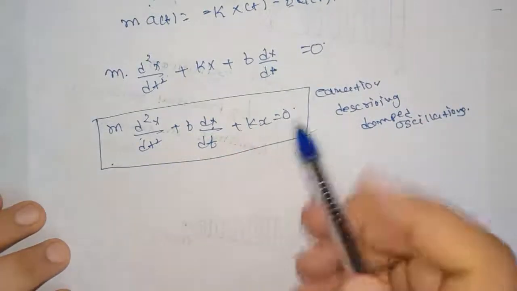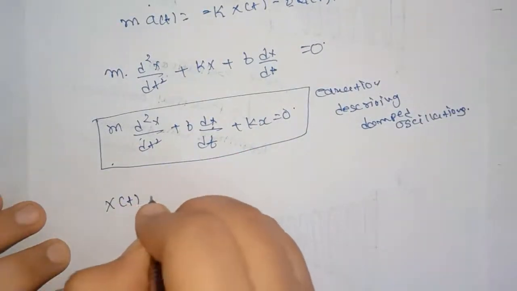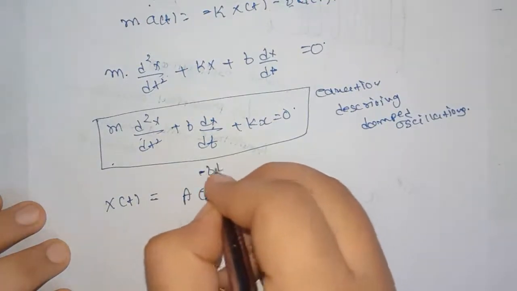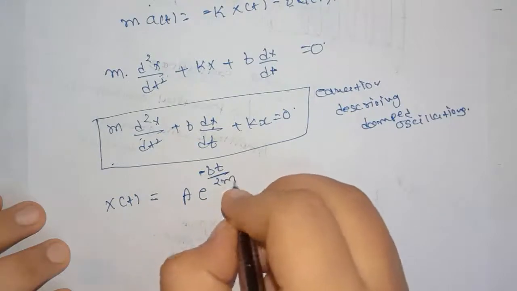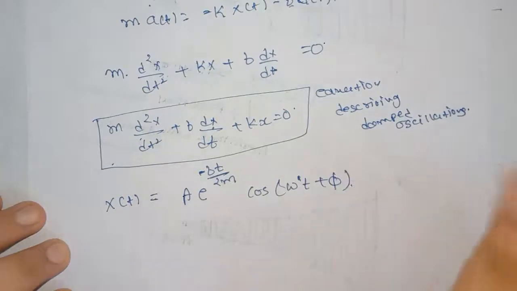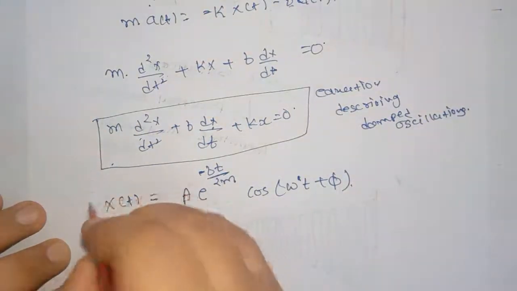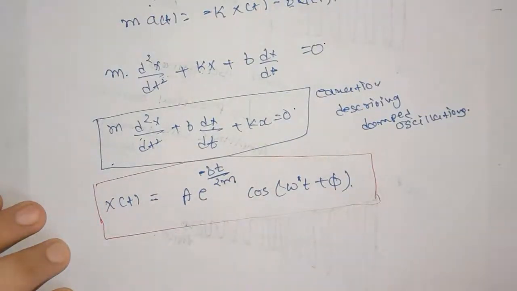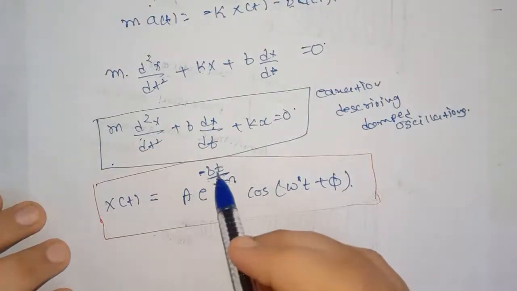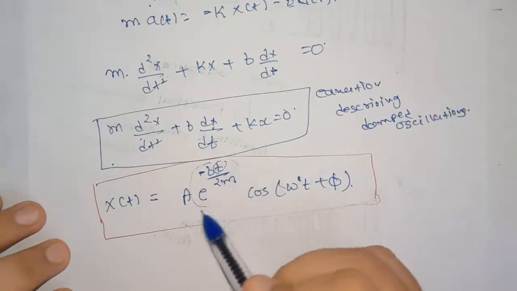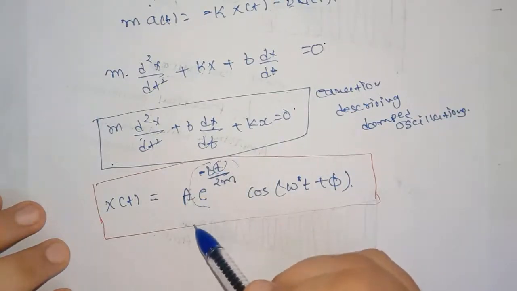If we solve this equation, we will get x of t is equal to A e power minus bt upon 2m into cos of omega dash t plus phi. From this equation, we can see as time increases, this power will increase and the amplitude will decrease.